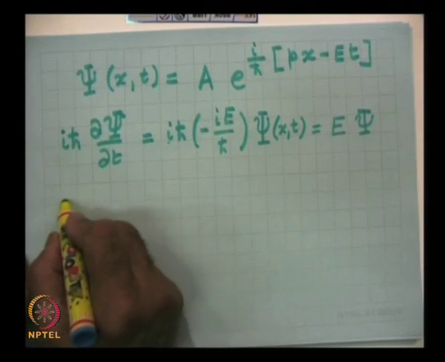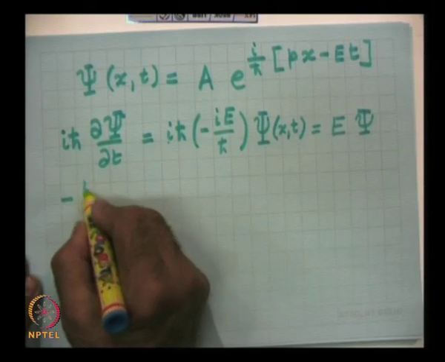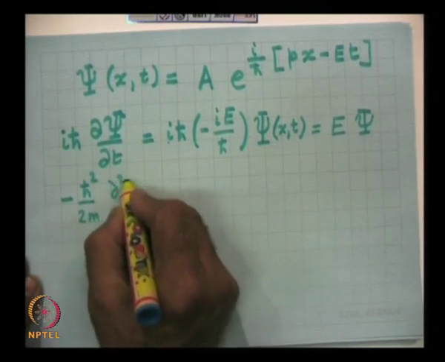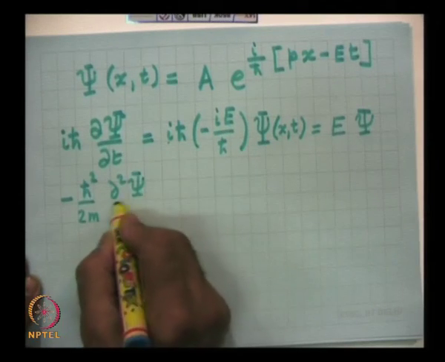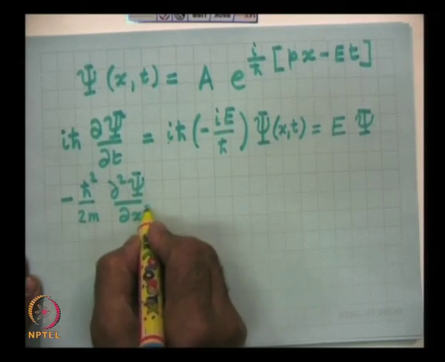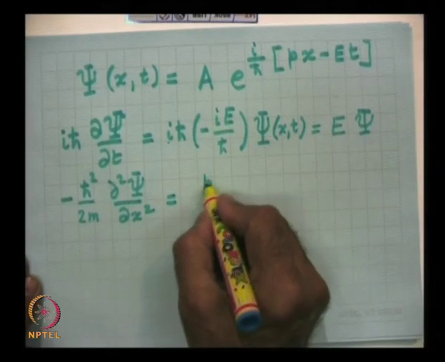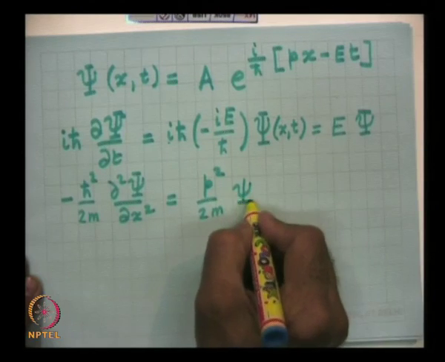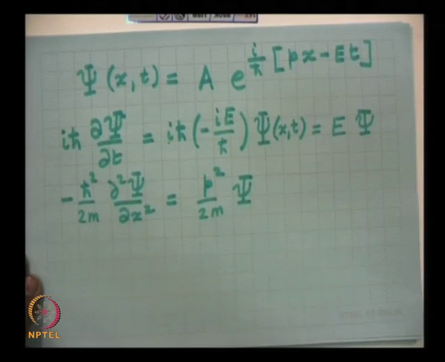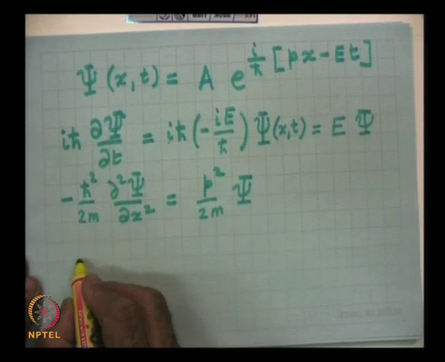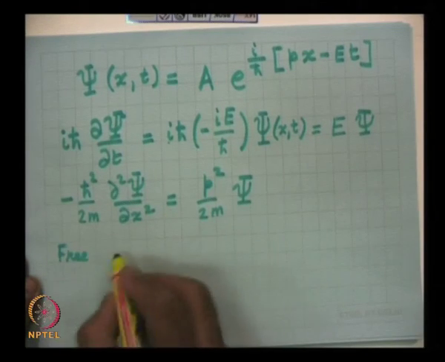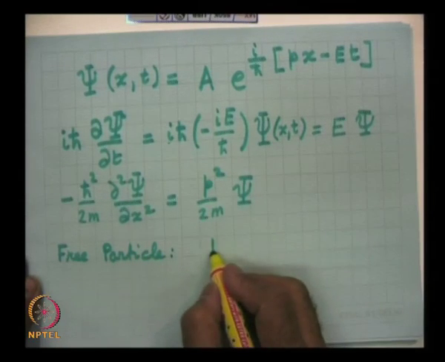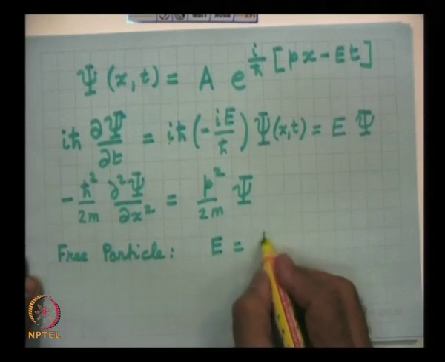Just now I had derived another equation which is minus h cross square by 2m ∂²ψ/∂x² is equal to p² by 2m ψ. Now, for a free particle, the total energy is the kinetic energy classically. So, you have E is equal to p² by 2m.